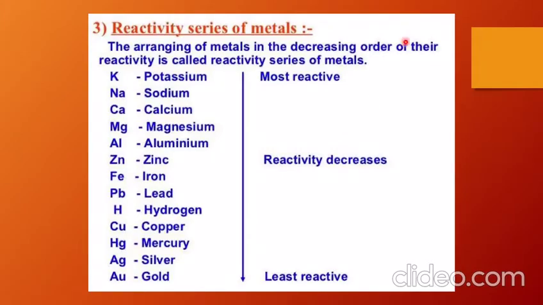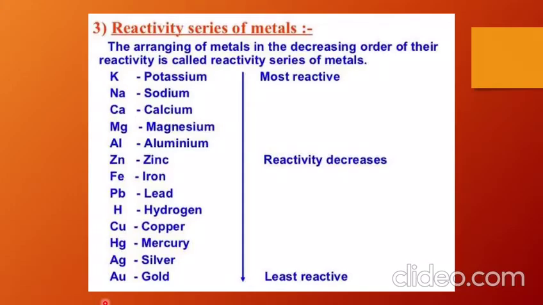So, if we see the reactivity series of metals, the arranging of metals in decreasing order of their reactivity is called the reactivity series of the metals. The most reactive metal, potassium, is placed at the top of the series, whereas the least reactive metal, that is gold, is placed in the lowermost position.